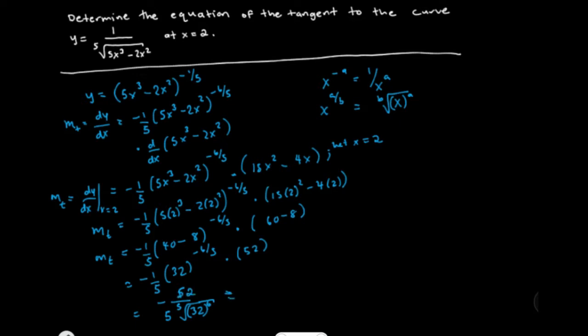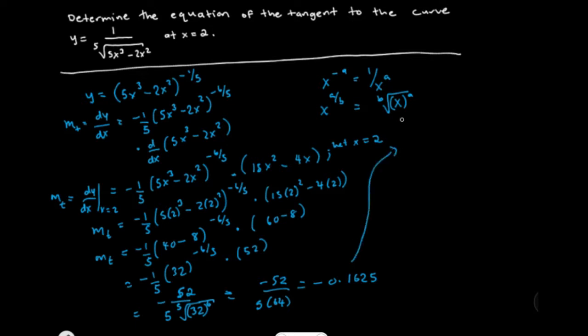I'm going to crunch all of this out, and that's going to give me negative 52 over 5 times 64, which is negative 0.1625. So this is somewhat of an irregular number, but this is the slope of the tangent.